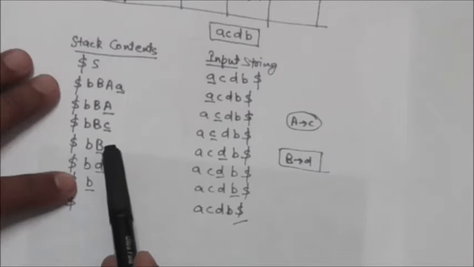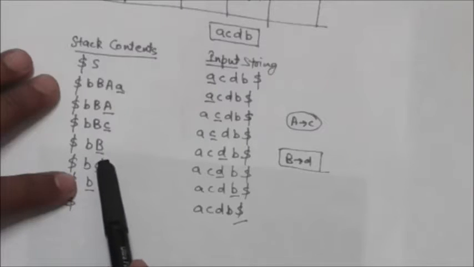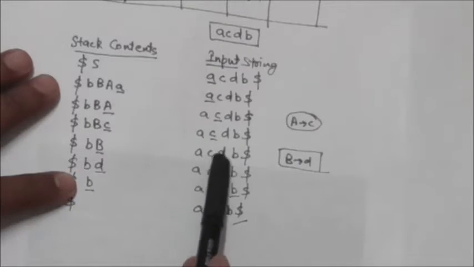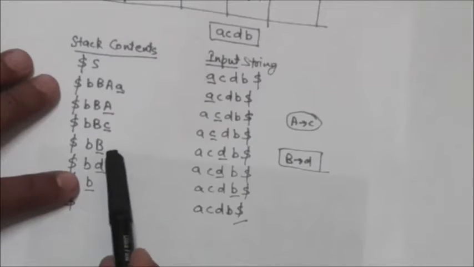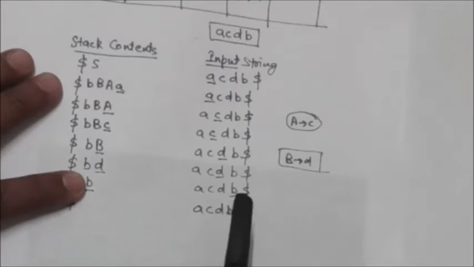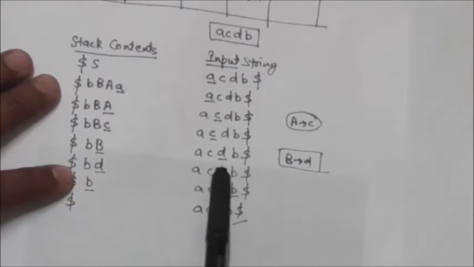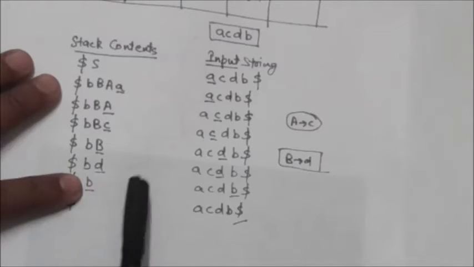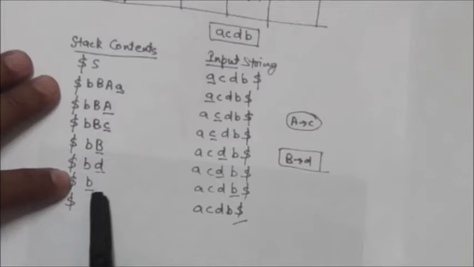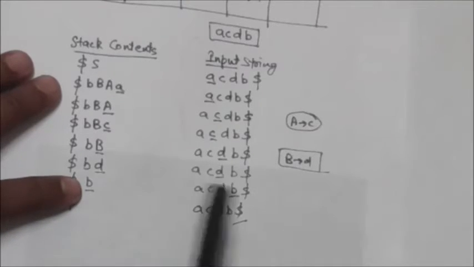So here you can see that the terminal symbol at the top of the stack and the terminal symbol which is pointed by the input pointer, they both are same. So in this case, what we will do, we will pop this terminal symbol from the top of the stack, and this input pointer will move 1 position right. So when we pop this terminal symbol D from the stack, now at the top of the stack there is terminal symbol B, right?